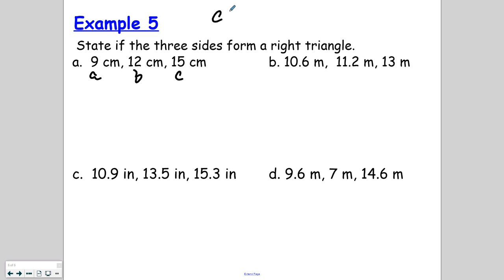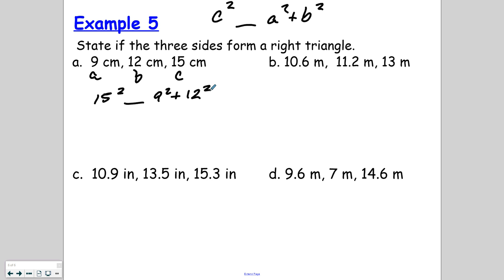Using c squared and a squared plus b squared, we can determine whether this triangle is right, acute, or obtuse. I'm just going to leave a blank there because we don't know whether it's equal, less than, or greater than at the beginning. So we'd have 15 squared and 9 squared plus 12 squared.